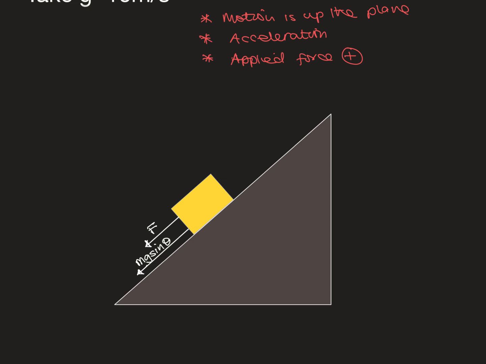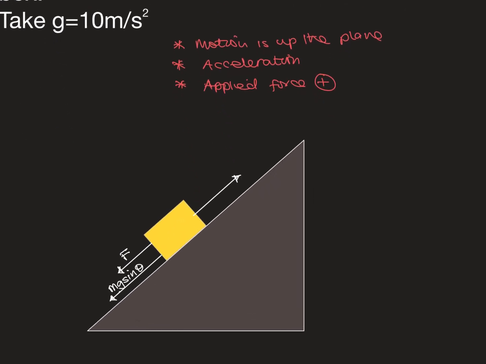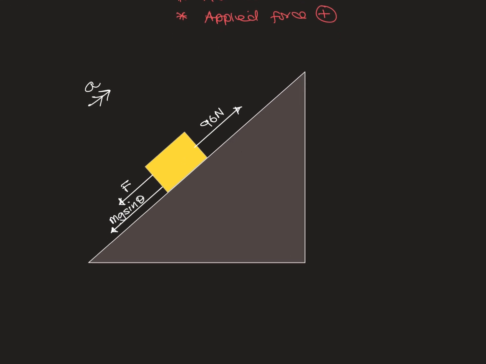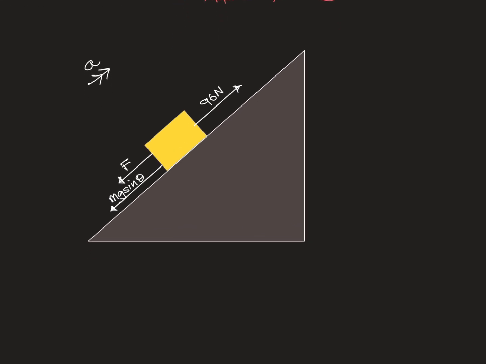Okay, there is an applied force of 96 newtons. Okay, that is the magnitude of the applied force that moves the body up the plane. And the body was in acceleration. We want to determine the magnitude of the acceleration.